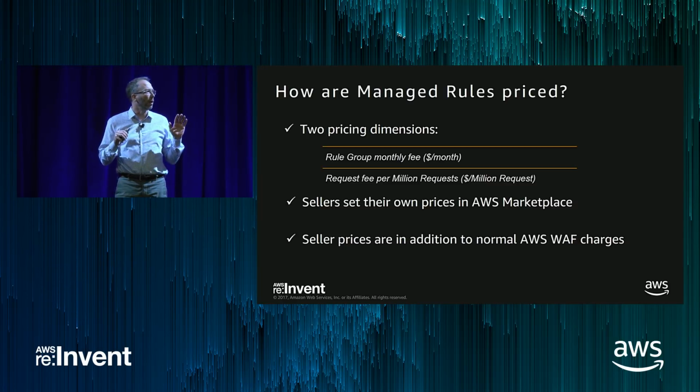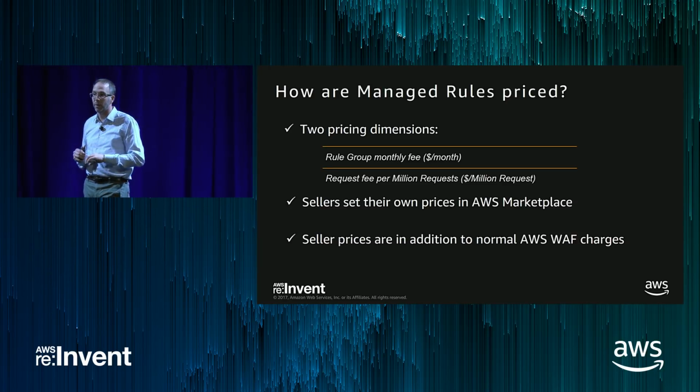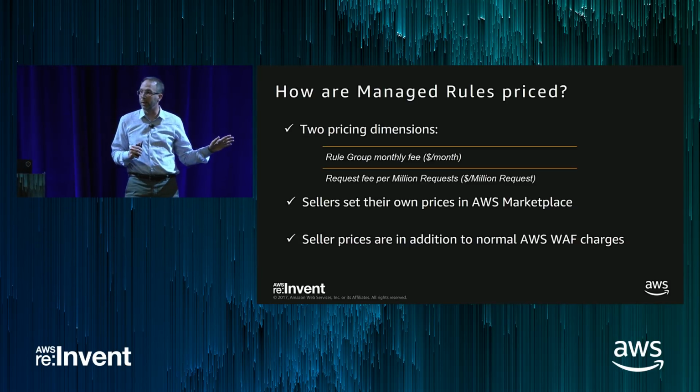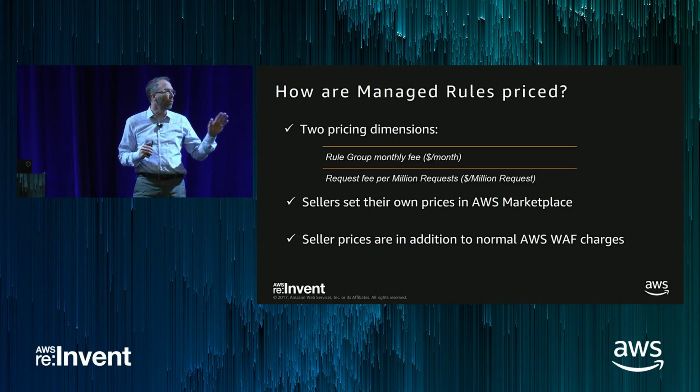So the rule sets or rule groups that you would enable from a managed provider will simply count as just another rule in AWS WAF, and the normal AWS WAF charges will apply.